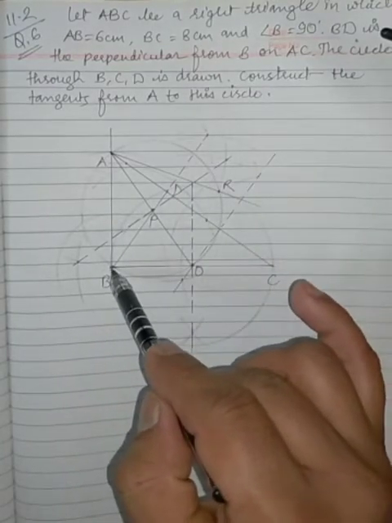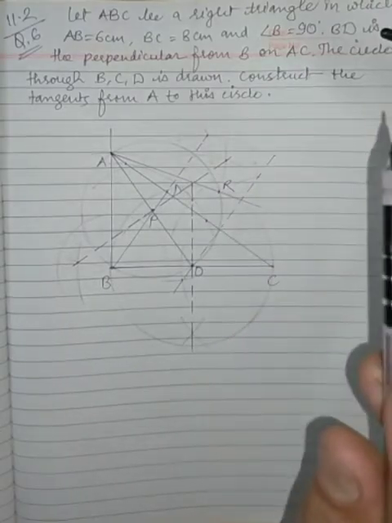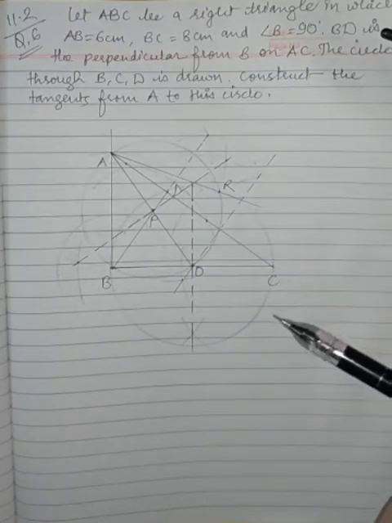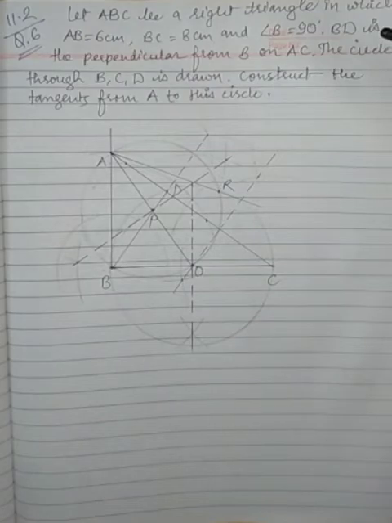One we have already got, B, and the second point will be your point of contact, name it R and join it. So do it step by step, slowly and you will definitely get your construction done.